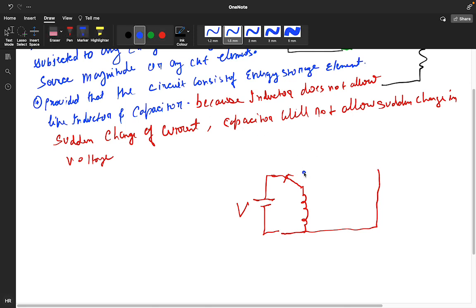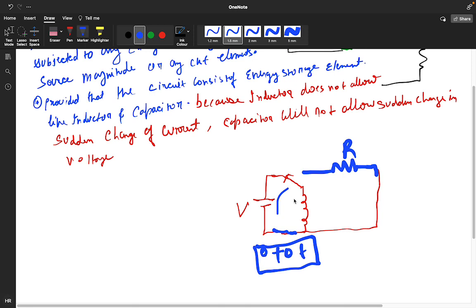So I have an R. What will happen if this inductor was charging from 0 to some t seconds?